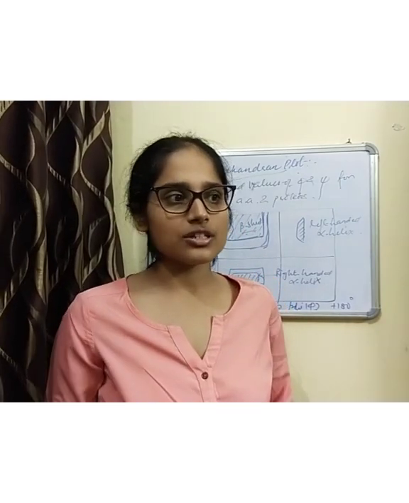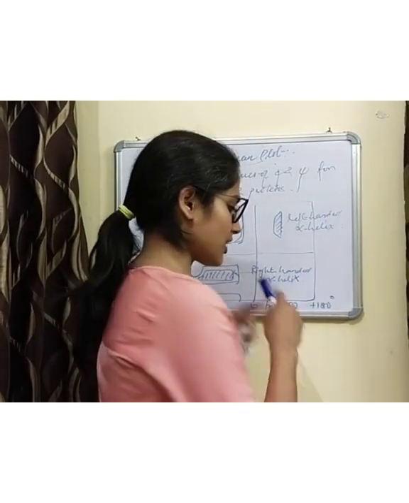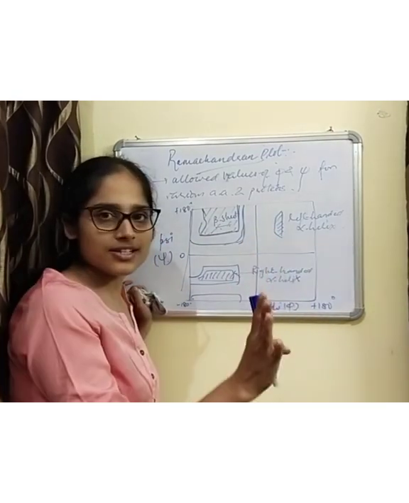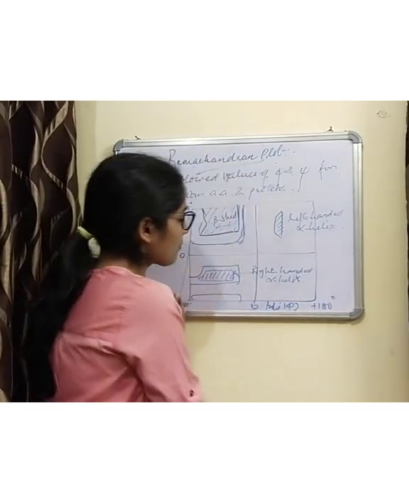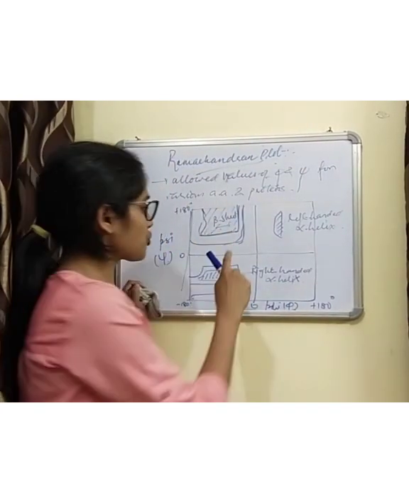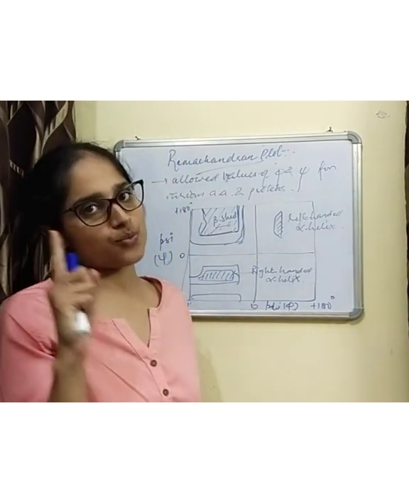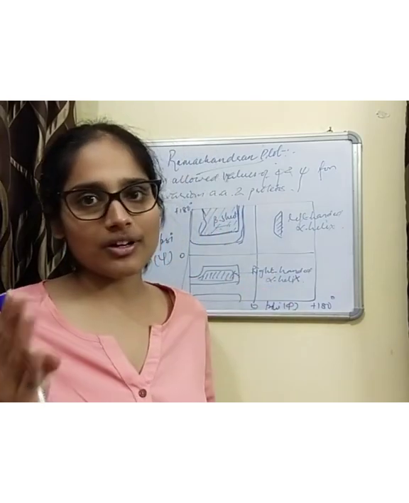Those conformations are not allowed, except there are two exceptions for the rest of the regions. These two exceptions are two amino acids, one is glycine and the other is proline. Now why glycine and proline?